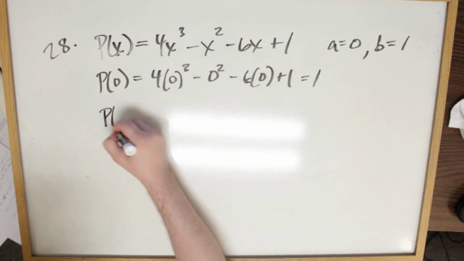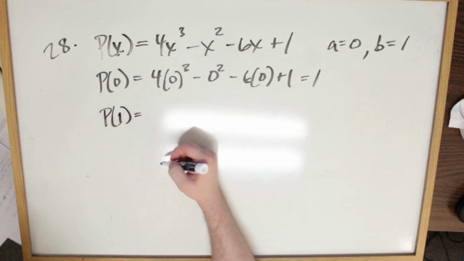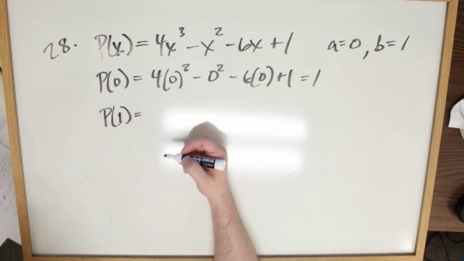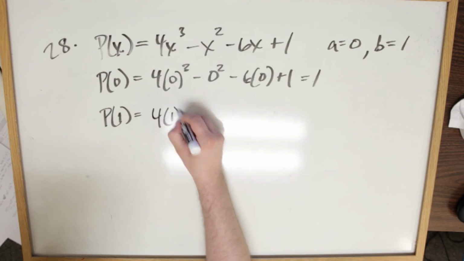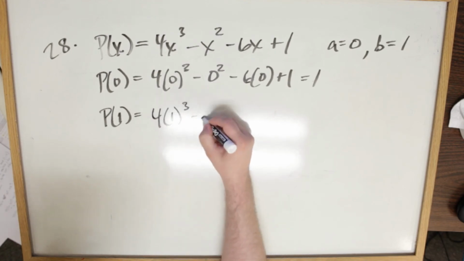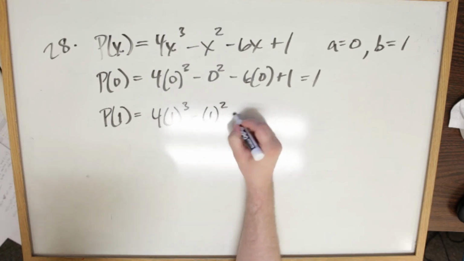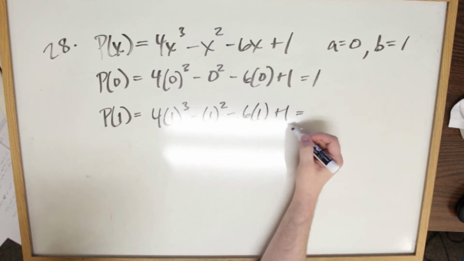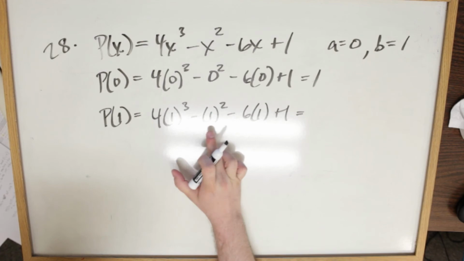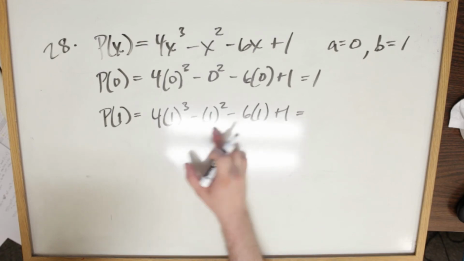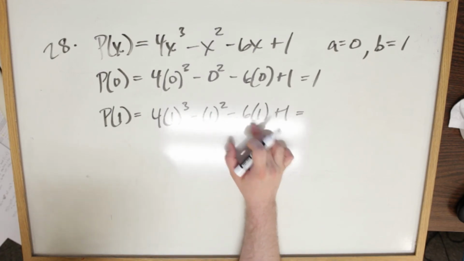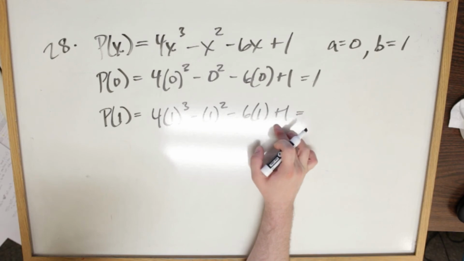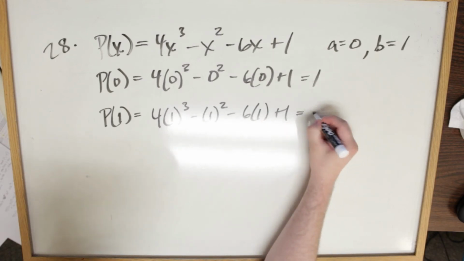P of 1 is equal to 4 times 1 cubed minus 1 squared minus 6 times 1 plus 1. So this is going to be, what, 4 minus 1 is 3, minus 6 is minus 3, plus 1 is minus 2. Okay?